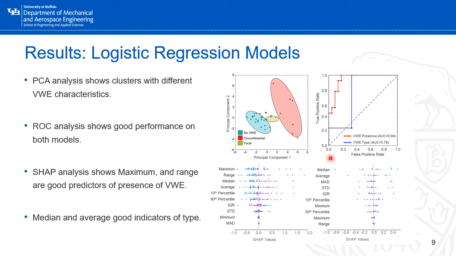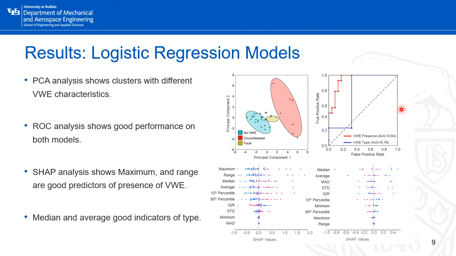The figure on the right over here demonstrates the receiver operating characteristics of all these different logistic regression models. We can see that the area under the curve of the ROC for the vessel wall enhancement presence detecting logistic regression model is 0.94, which is very high, and it is 0.78 for the logistic regression model identifying the type of enhancement.